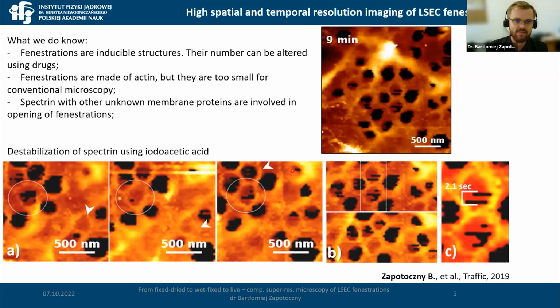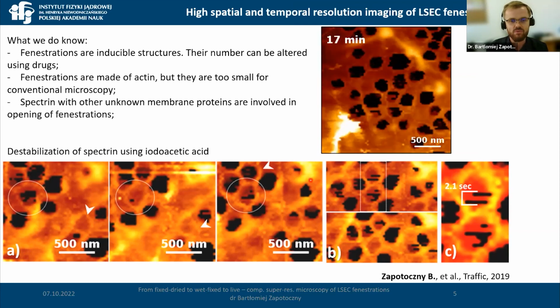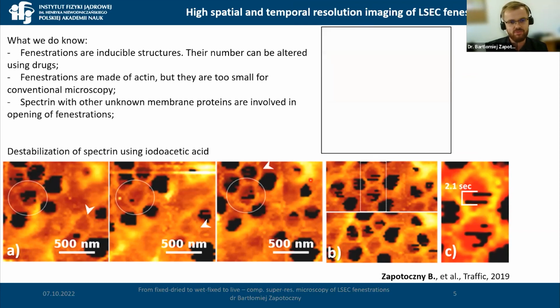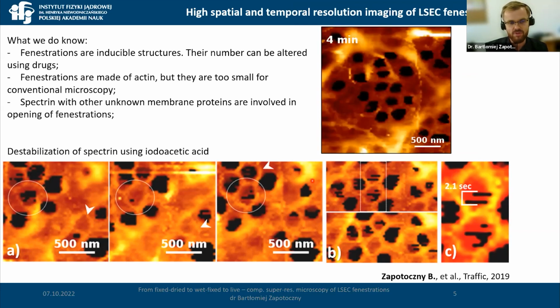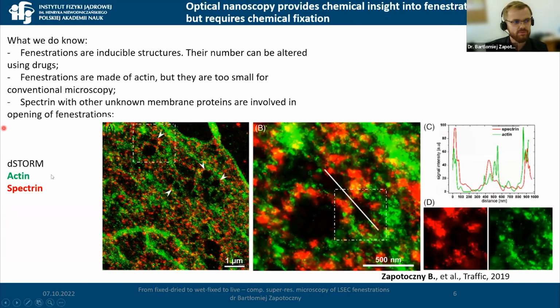That's why I entitled this presentation correlative microscopy, because we wanted to find the same fenestrations using a different nanoscopic technique. With the improvement of optical nanoscopy, we can reach beyond the diffraction limit of resolution to see those fenestrations, for example, in dSTORM, so in stochastic methods.